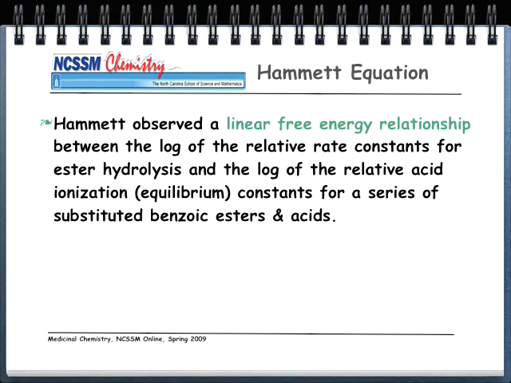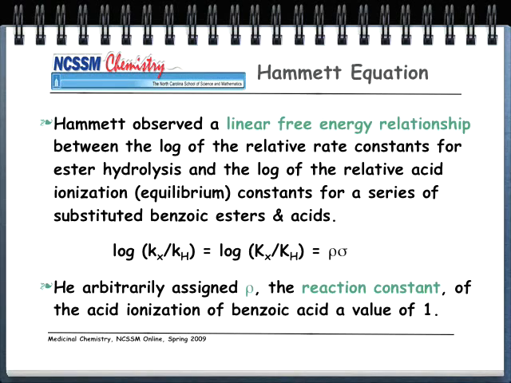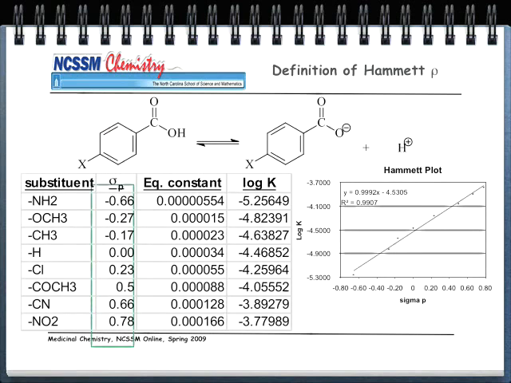So that's Hammett's contribution, and he came up with a variety of types of equations. Particularly, what you're looking at there is that he assigned something called rho, that little p-looking thing, a reaction constant, to the acid ionization of benzoic acid. He basically gave that a 1, and everything else is measured relative to that. So here's a description of that.